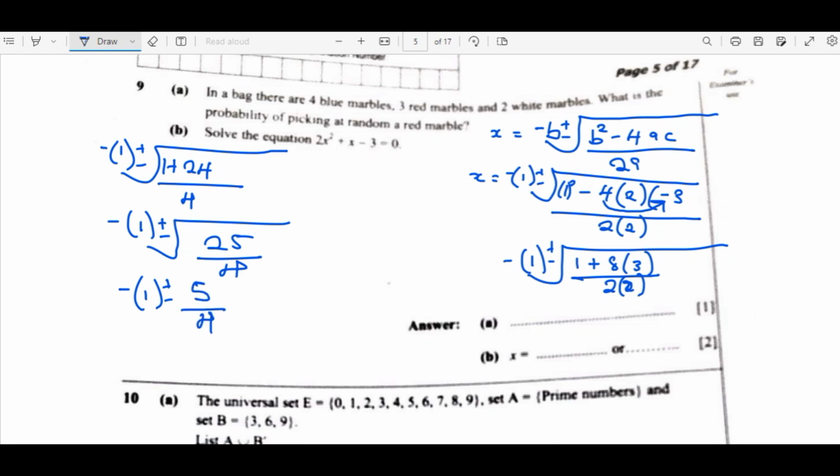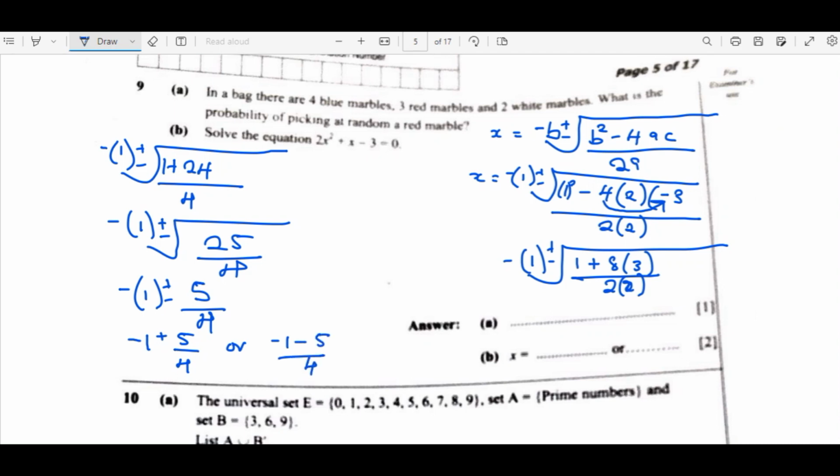So we can now say negative 1 plus 5 over 4, or negative 1 minus 5 over 4.